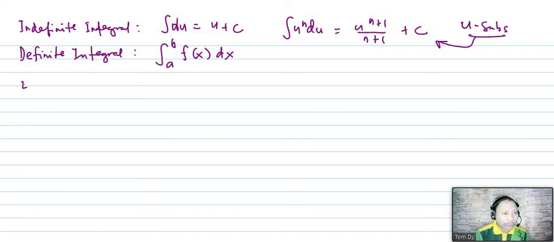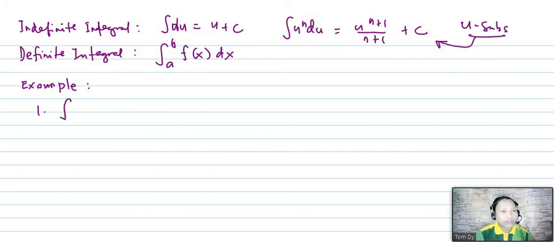We go directly with our example to illustrate how definite integral is done. So example 1. I think we only have 3 examples for definite integral. We go with the basic.